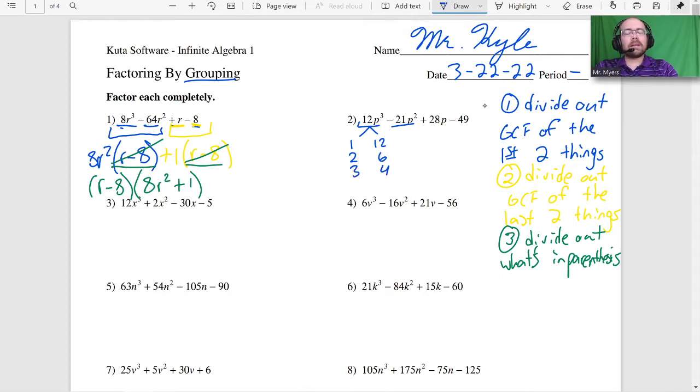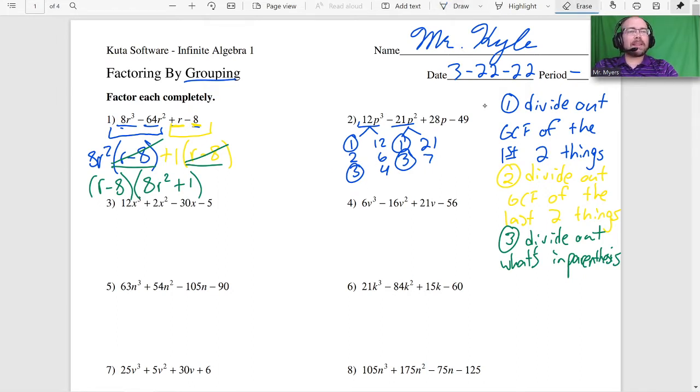Now we have all of the factors: 1 and 21, 3 and 7, and I believe that's it. Then you circle what they have in common. They have 1 in common. They'll always have 1 in common. And they have 3 in common. And that's it. Which means that 3 is the largest number we can take out. So we can factor out a 3.